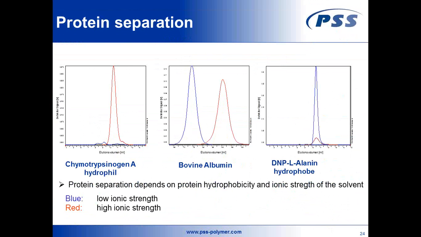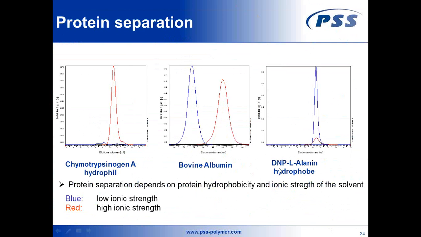And these slides also let you know that there is no universal application in terms of mobile phase or stationary phase for protein. I have chosen 3 different typical proteins. On the left-hand side, chymotrypsin is a protein that is highly hydrophilic.